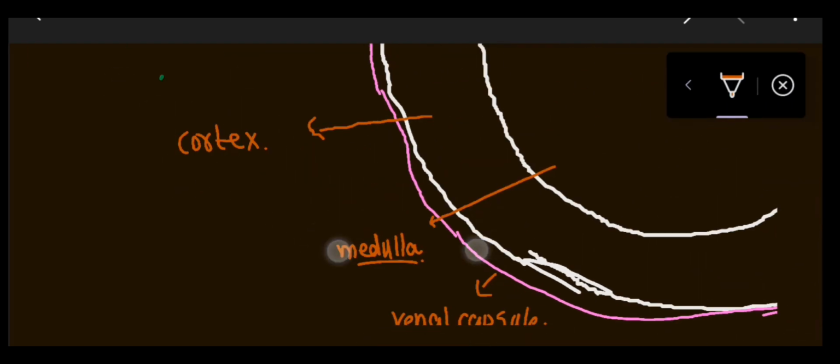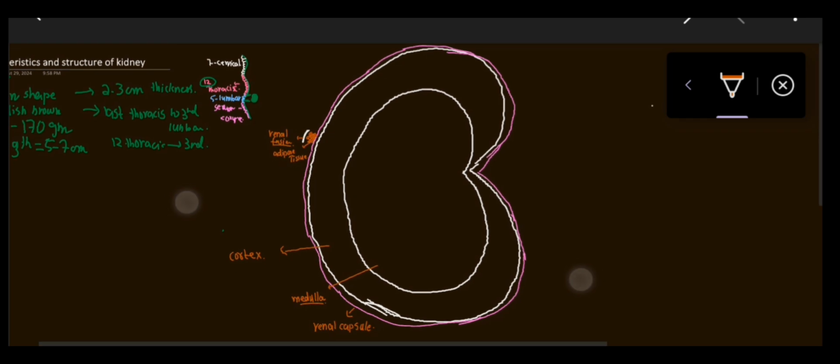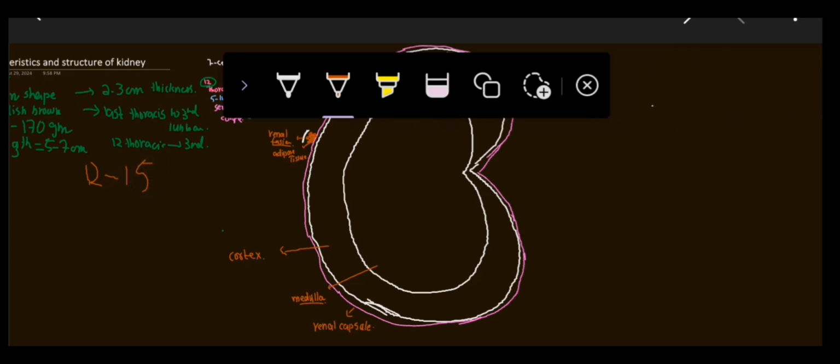After this, basically cortex and medulla, inside the medulla we have some pyramids. Basically 12 to 15 pyramids are present. Those are renal pyramids. Let me change the color and mark it.